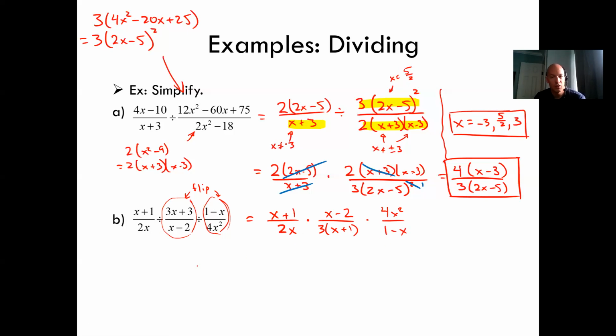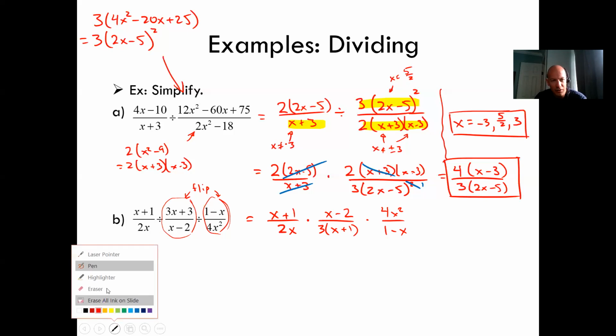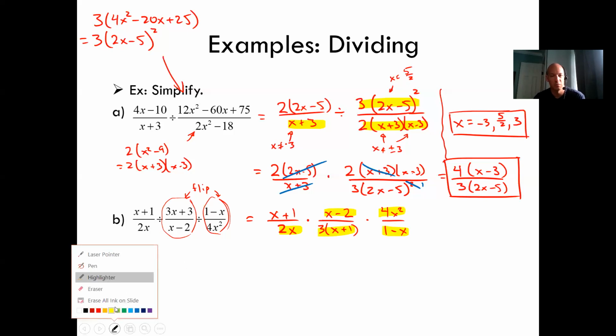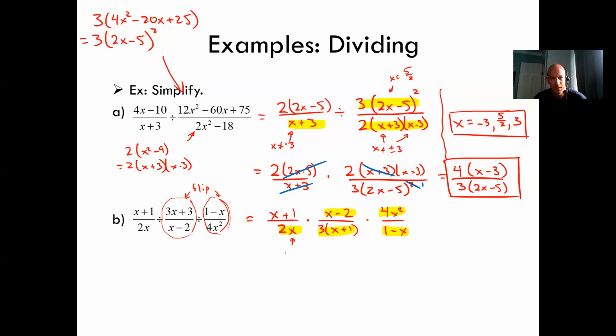Okay, so what do we do now? We get out our non-permissible highlighter, I guess. This, here, here, here, here, and here. So all 5 of those places, I've got to go looking for non-permissible values. 0 is bad. -1 is bad. +1 is bad.